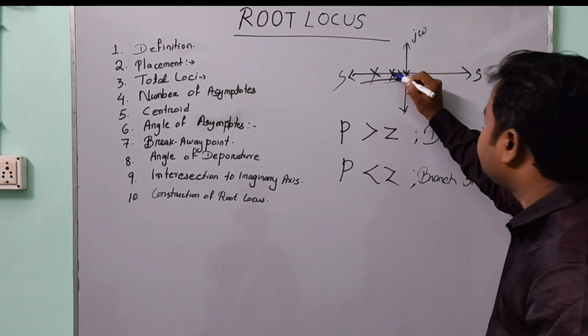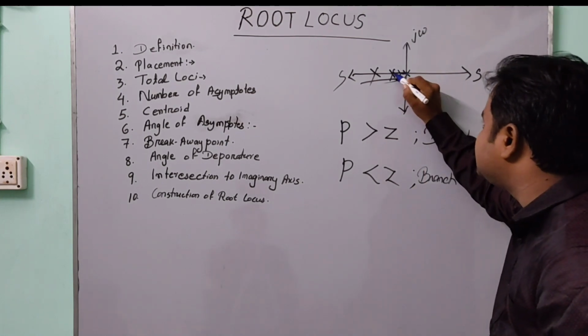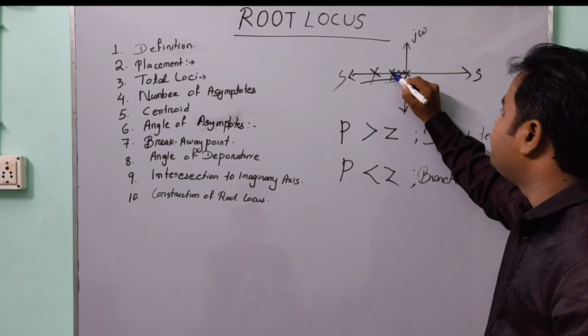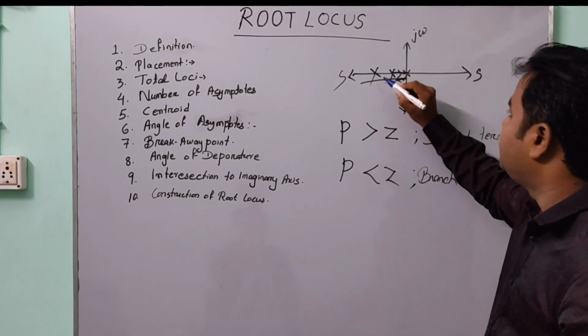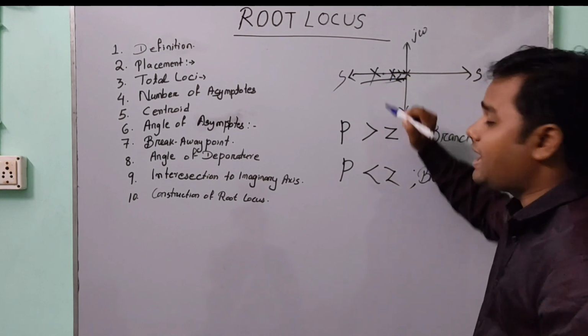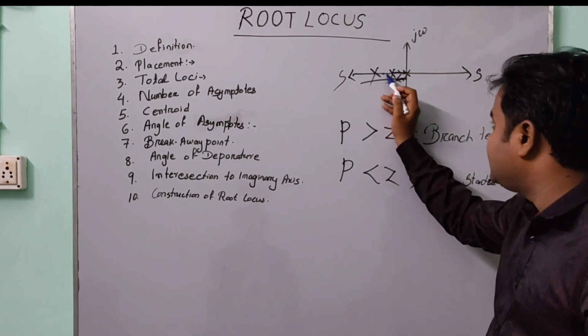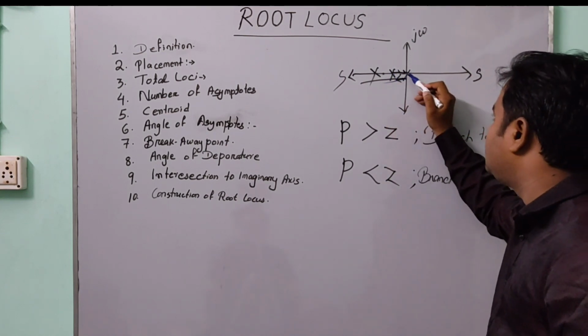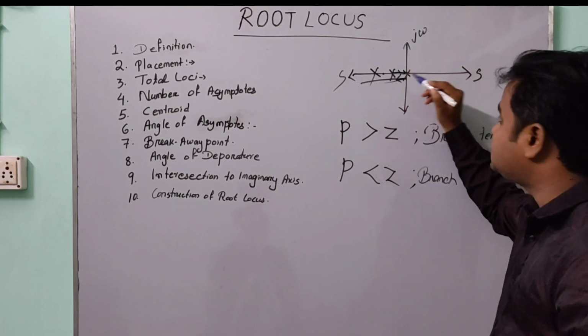So within these limits the root locus may exist, but if I take a point here and go towards the right side, I can see two poles on the right hand side of this point.